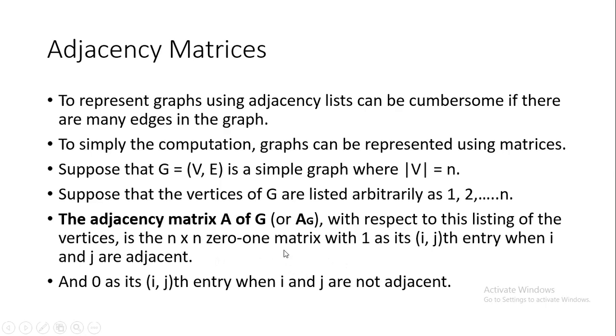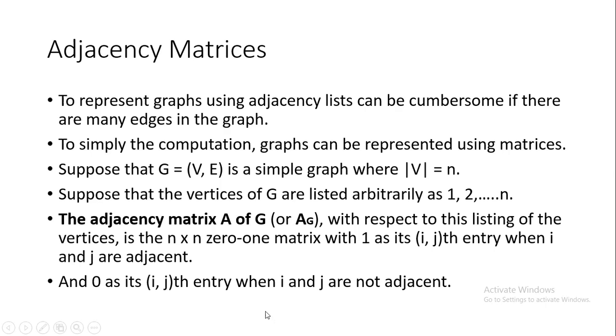So why is that matrix called a 0-1 matrix? 1 stands for when there is an edge between two vertices i and j. Suppose there is a graph G, and there are two vertices, i and j. If there is an edge present from i to j, then the value will be 1. And when will it be 0?